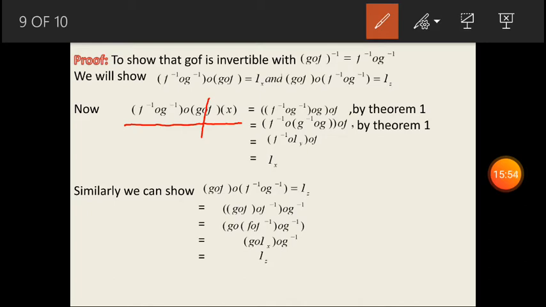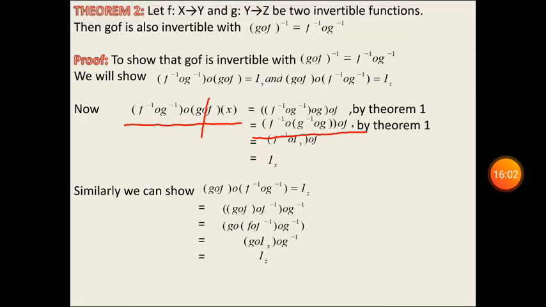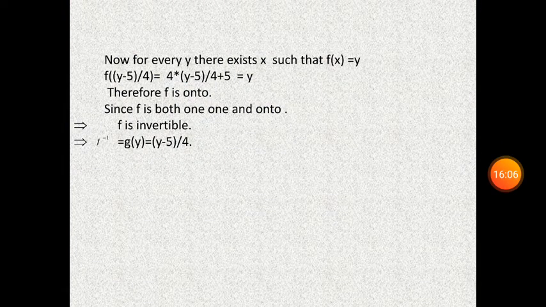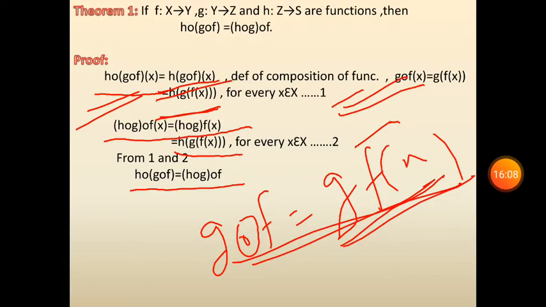Theorem 1 is nothing but this result: h o g o f, the combination is changed, (h o g) in one bracket and then composition f. So this result we are going to use to do this.